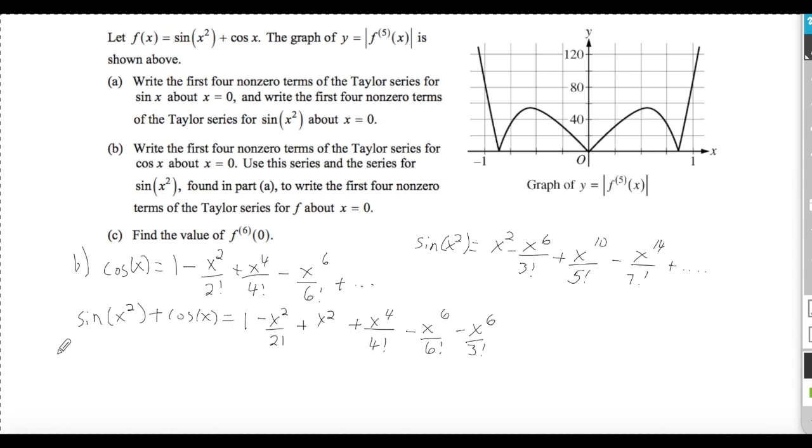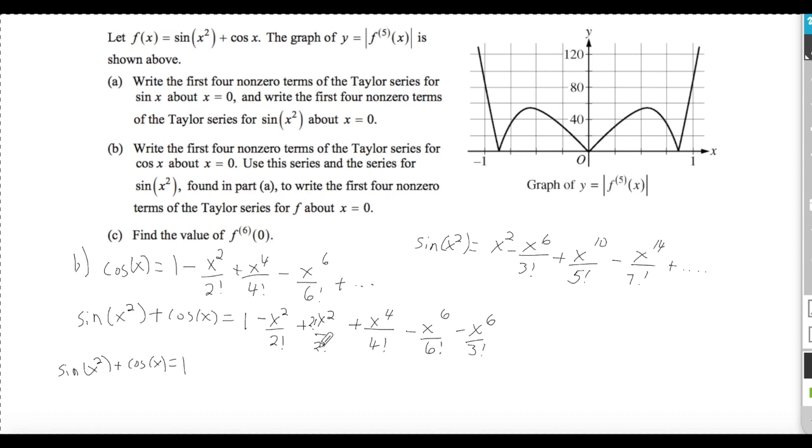So if I come over here, I can say then that the sine of x squared plus the cosine of x is going to be equal to 1. This is minus x squared over 2 factorial. I need a common denominator, so I'm dividing by 2 factorial here, so I'm going to need a 2 factorial up top to multiply in.